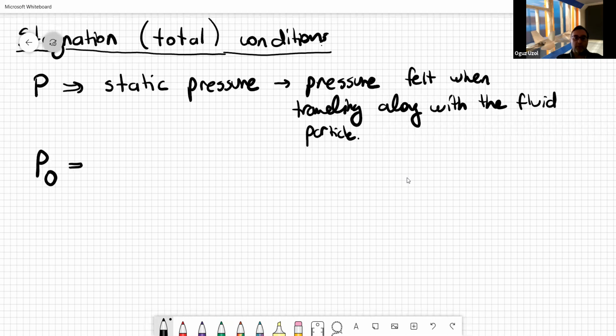And we designate it with P0. Stagnation pressure.